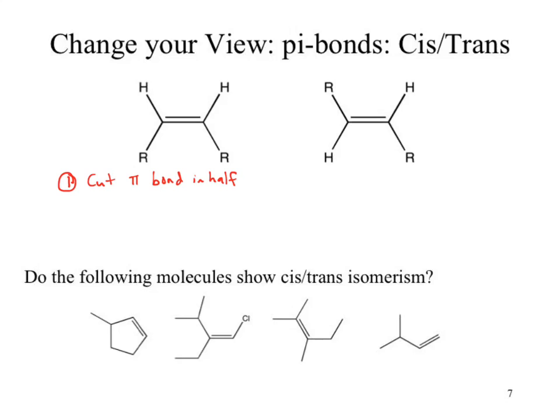What's the issue you should have with that? We're not breaking the bond, so that's one issue. There's another issue. Which direction? Okay. There's two ways we can cut it in half. We can cut it in half along, I guess, our x-axis, or we can cut it in half along our y-axis.